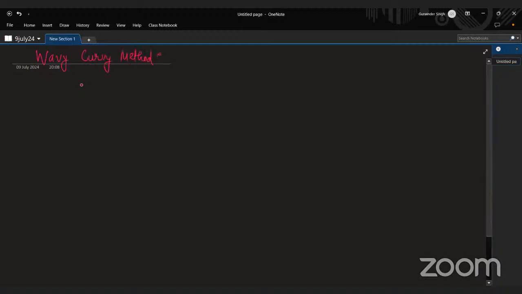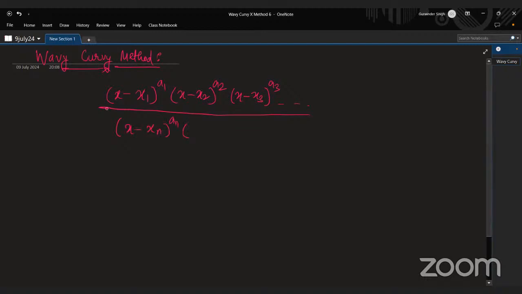Okay. So what is wavy curvy method basically? Like you have an equation, an inequality basically. Let me take it in x only. So x minus x1 raised to power a1, x minus x2 power a2, x minus x3 power a3, something like this. And the denominator also we have similar terms. x minus xn raised to power an.